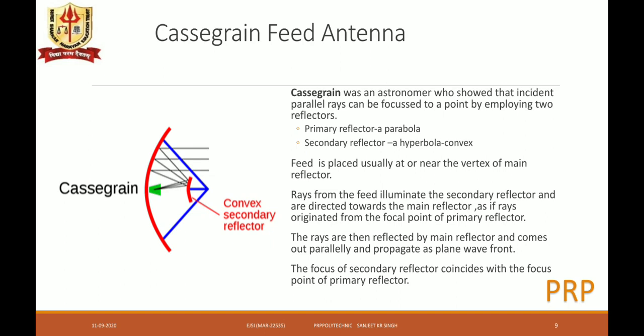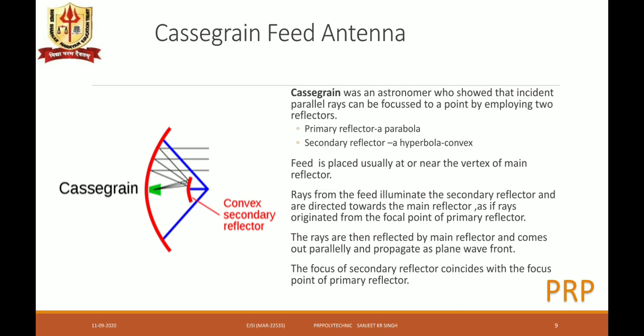Here we are making use of a hyperboloid, a convex secondary reflector. The feed is placed usually at or near the vertex of the main reflector, at the midpoint of the main reflector dish.